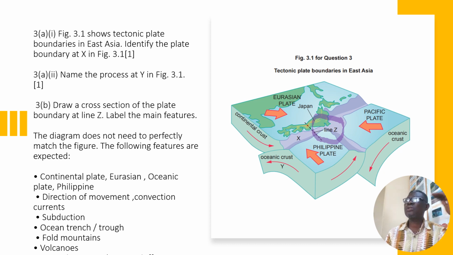So try to show subduction of the Pacific plate under the Eurasian plate. Which one is going to melt? The Pacific or the Philippines, giving us magma, creating volcanoes. Is that okay?